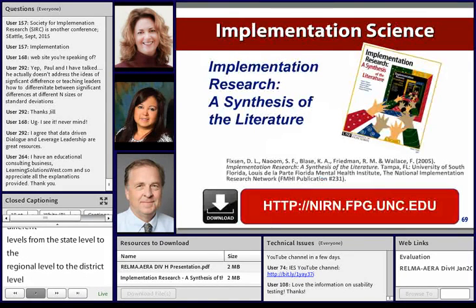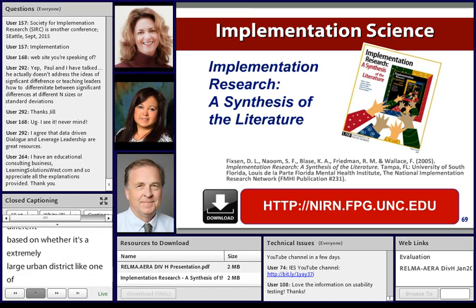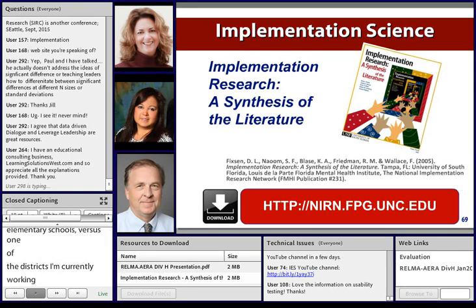The size and makeup of those teams and who's representing is going to be different based on whether it's an extremely large urban district, like one of my former districts with over 100 elementary schools, versus one of the districts I'm currently working with in one of our states that consists of 2 schools, an elementary/middle and a high school. The superintendent is the elementary principal and there's a high school principal. So the composition of those teams is going to fluctuate.